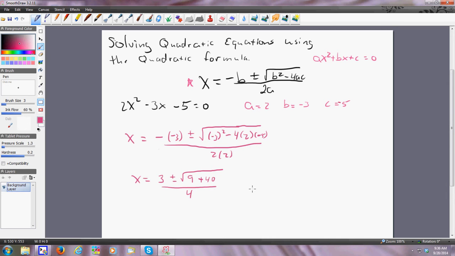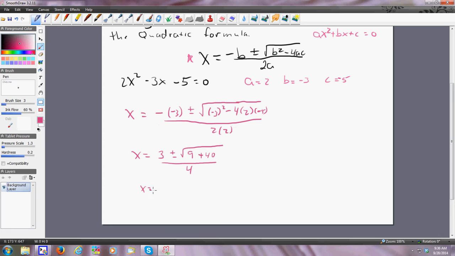And then I get x equals 3 plus or minus the square root of 49 over 4, which is kind of funny because this actually works out, and I just made this question up. So x equals 3 plus 7 over 4, or x equals 3 minus 7 over 4, and I get x equals 10 fourths, which is 5 halves, or x equals negative 4 over 4, which is negative 1.